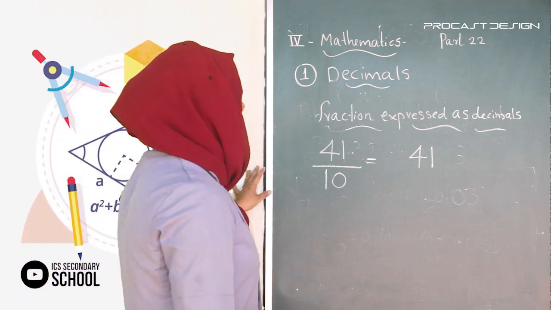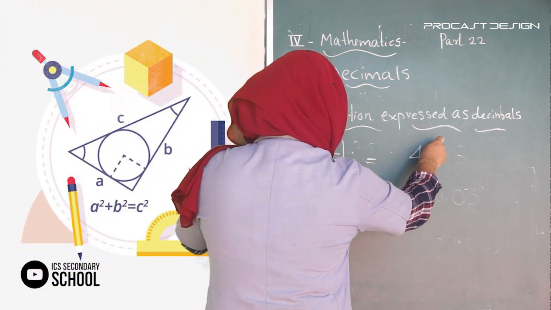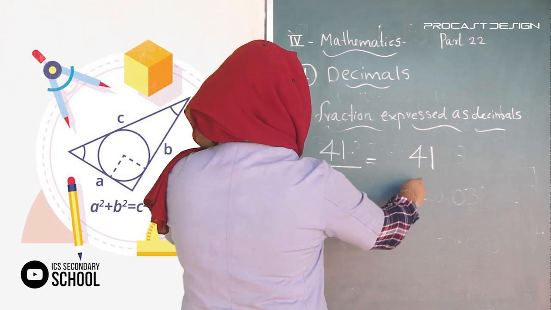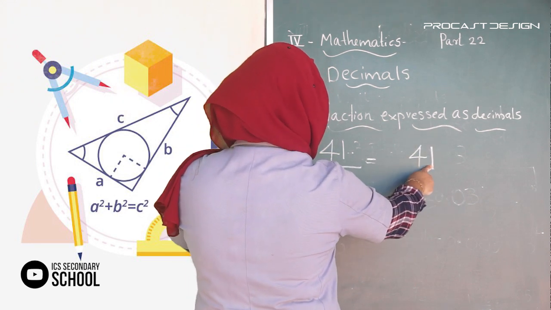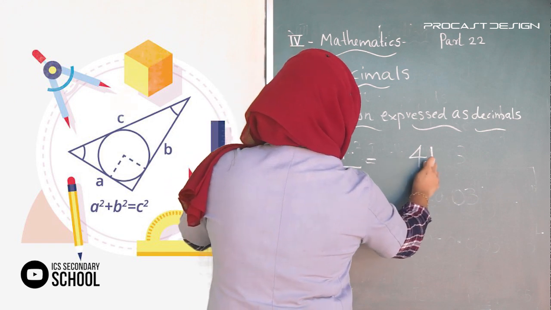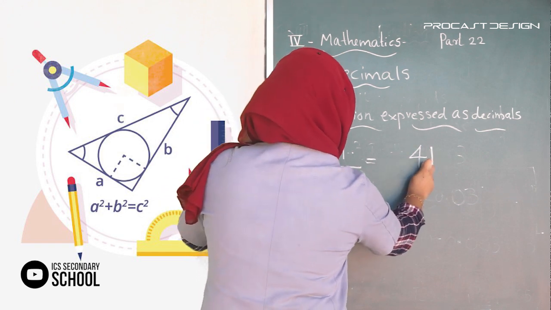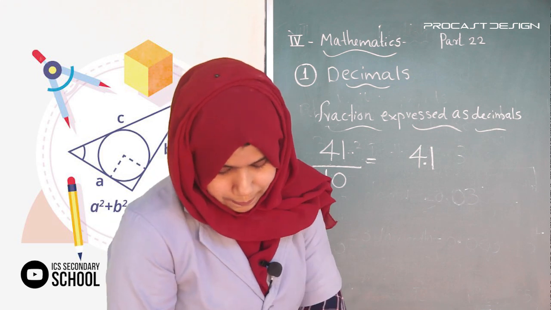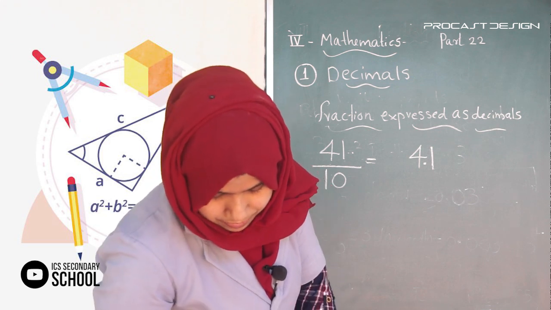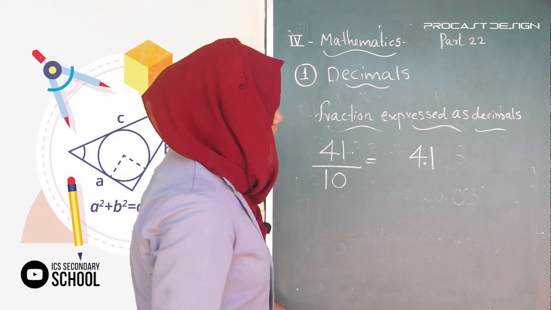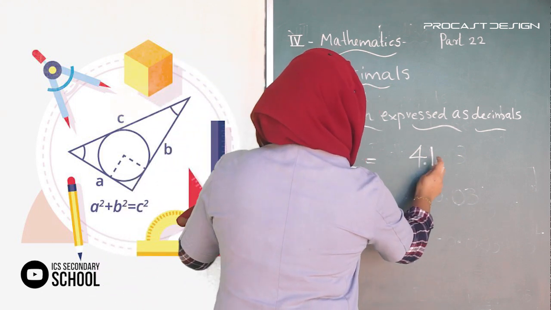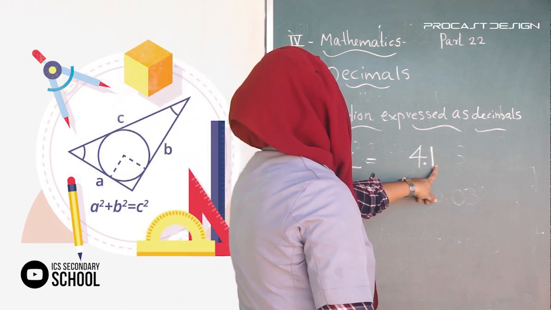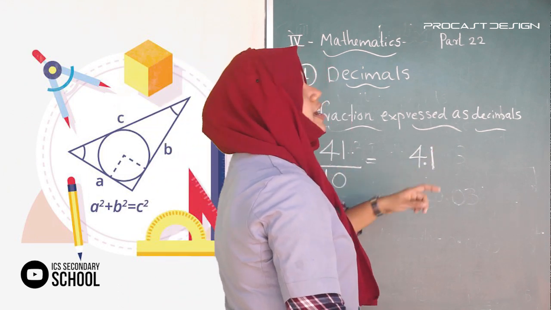So we start to count from here. After 1 digit we can put the point here. Count from the right of the numerator, 1 digit.